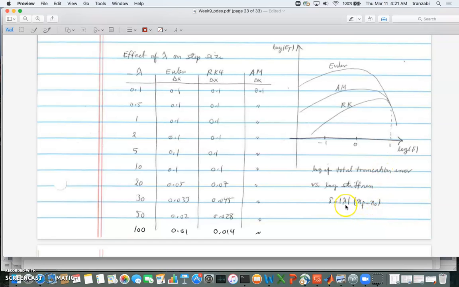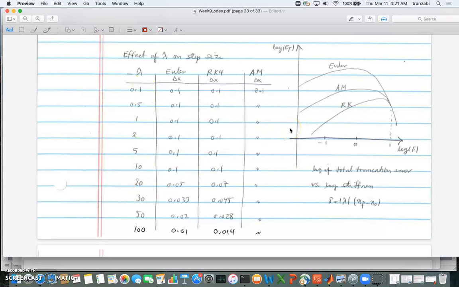Here stiffness is defined as the absolute value of lambda times the domain length. Assuming that the domain length is 1 for simplicity, S is just the absolute value of lambda. So we're going to draw the error against the absolute value of lambda in this figure.